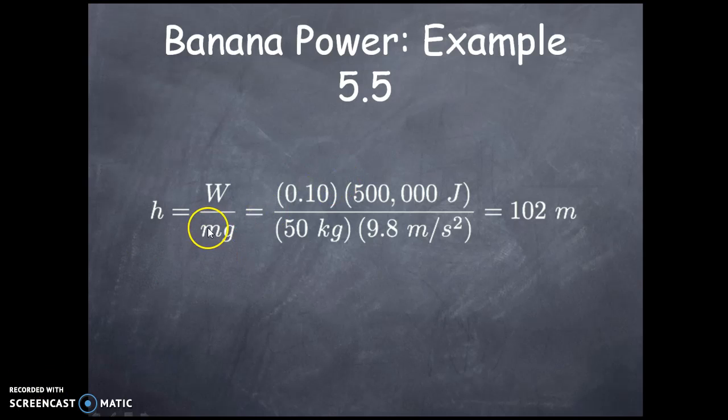The mass of the girl is 50 kilograms and g is 9.8. If you plug in that information, where kilo stands for 1,000, you will see that the girl has to climb 102 meters to burn that 50 kilojoules of energy acquired by eating a banana.